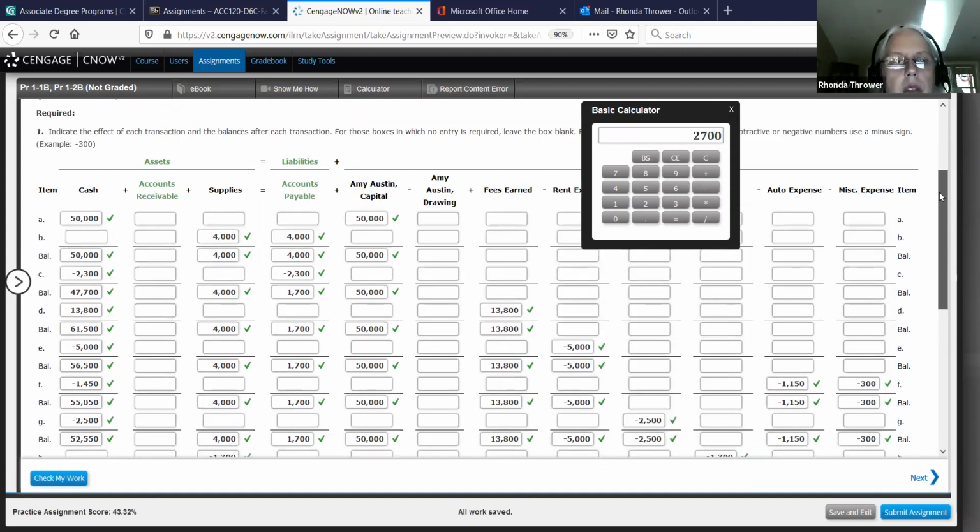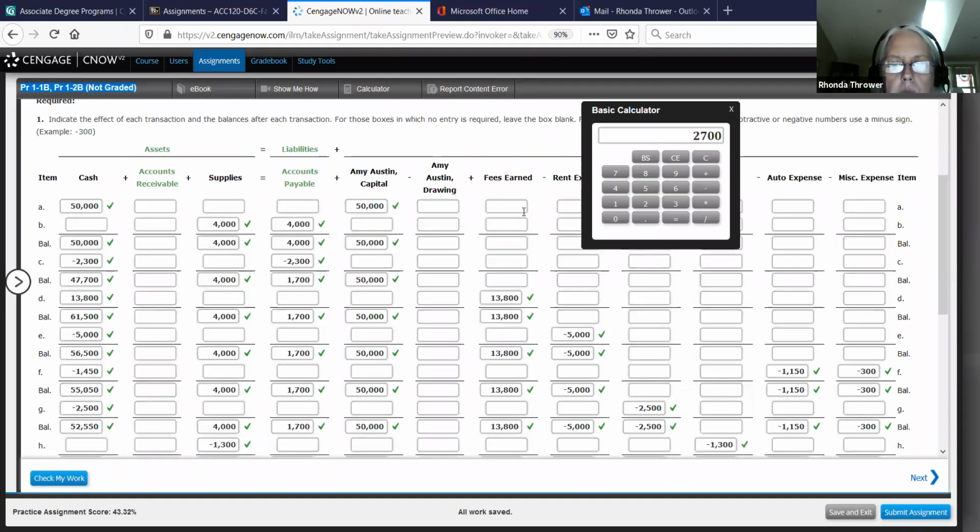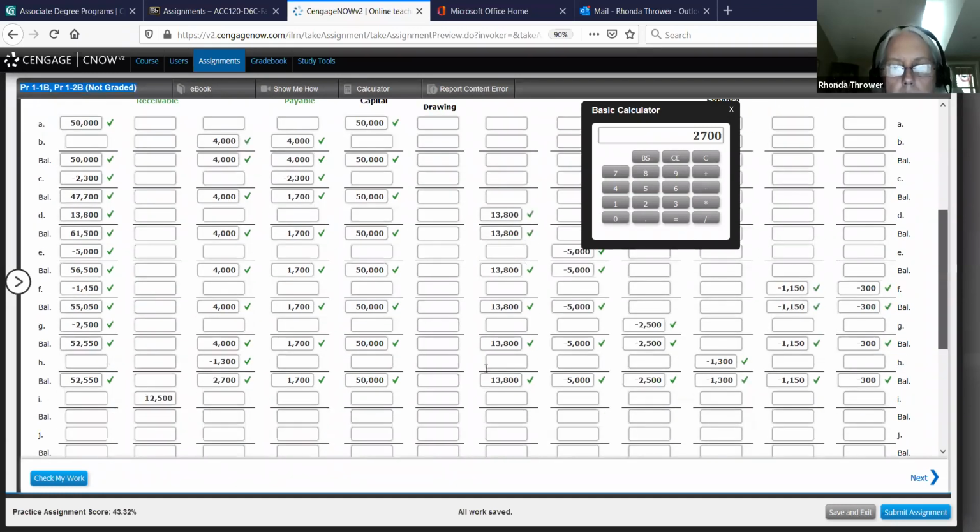The other portion of that transaction is that we need to record that we've earned some more fees, some more sales commissions, or what we refer to as revenue. So in our revenue account, which would affect our owner's equity account, we're going to put down the amount of $12,500.